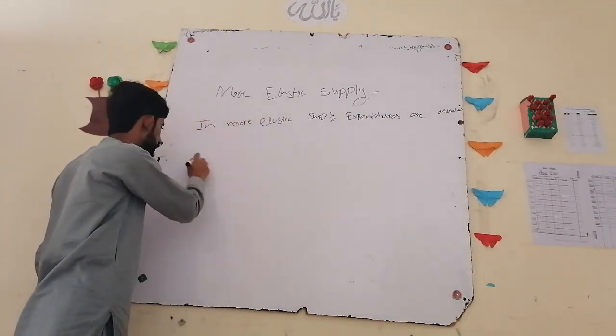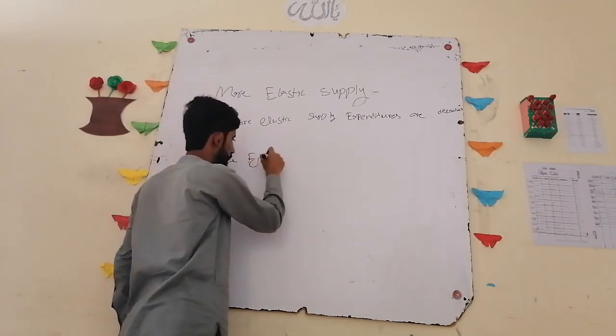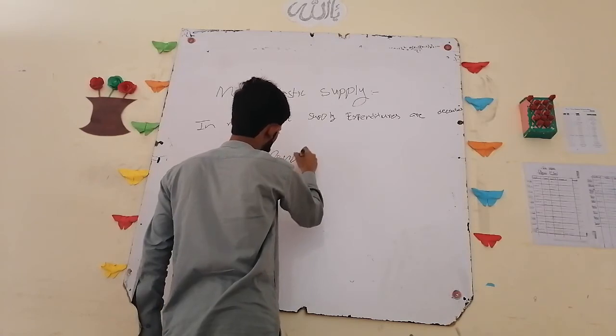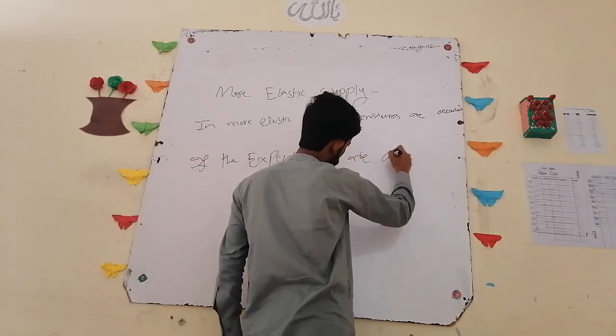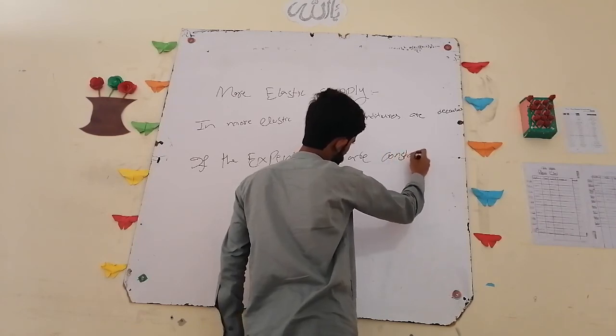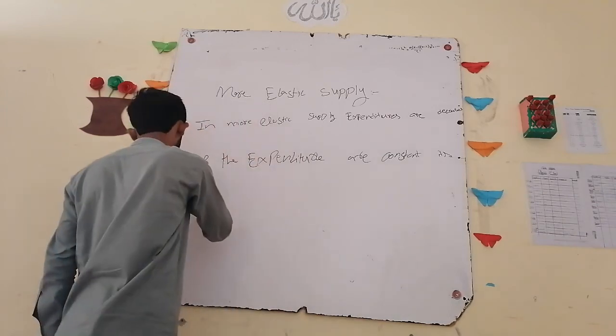If the expenditure is constant, it is unitary supply.